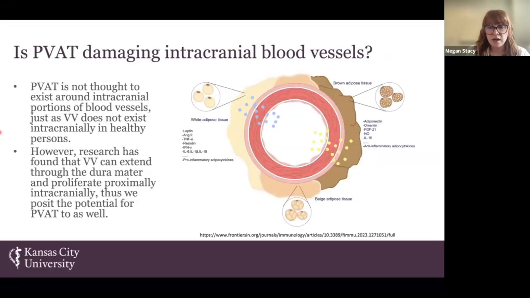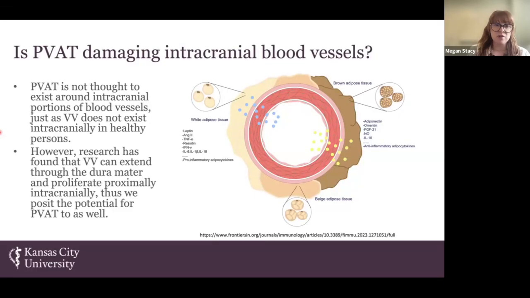So one of the questions I then had was, is PVAT damaging intracranial blood vessels? Perivascular adipose is not thought to exist in the intracranial space, but vasa vasorum was also thought not to exist intracranially.